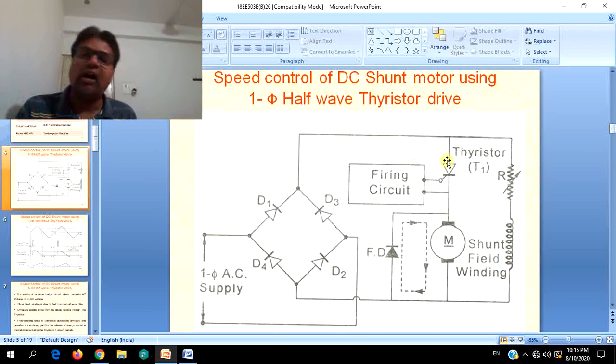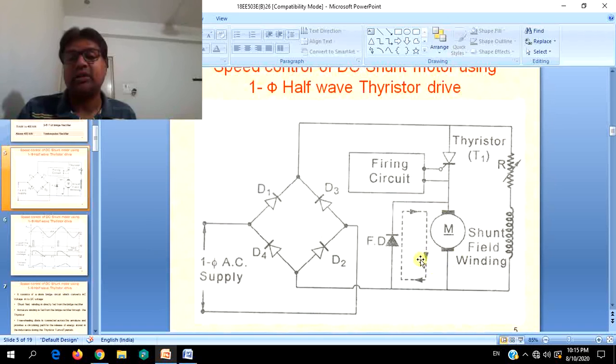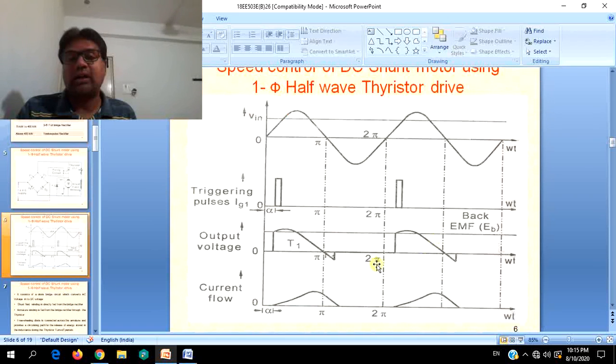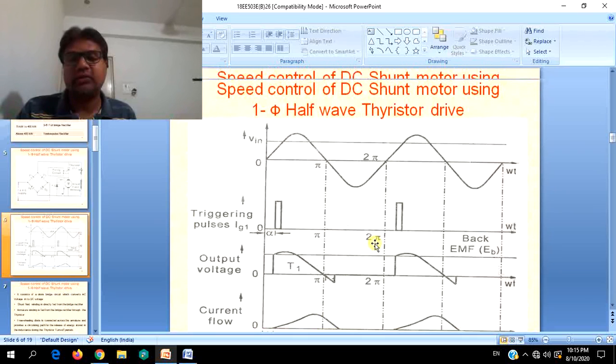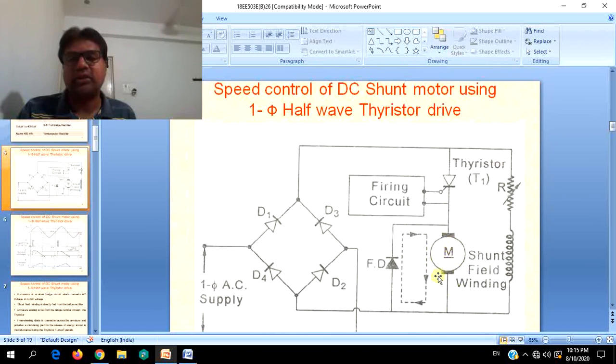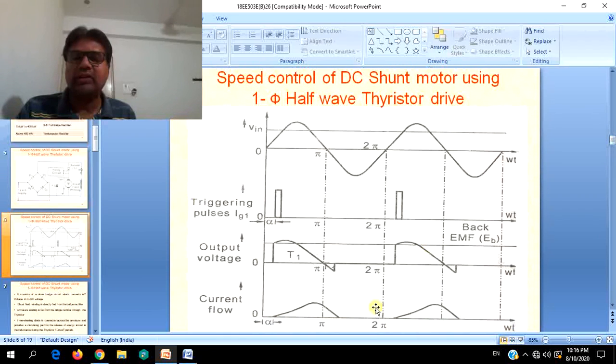Only half of the input wave is allowed to enter the armature, and this is the portion during which the current flows through the load owing to the energy stored inside the armature inductance, and freewheels through the freewheeling diode. And once it becomes zero, during this period, there is no voltage or current.